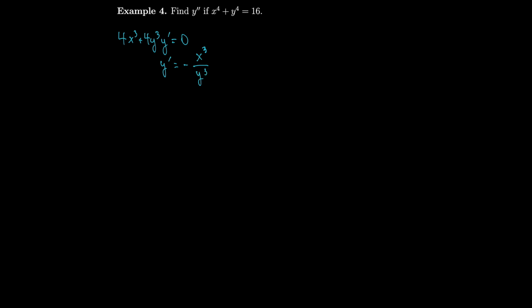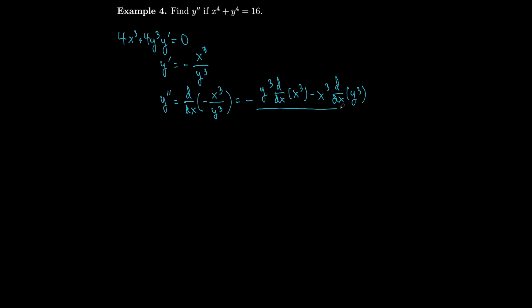So that gives us y prime, but we needed y double prime. So we need the derivative of this guy. So unfortunately, now we have to use the quotient rule. So this is the derivative of the derivative, which is equal to, by the quotient rule, minus y cubed times the derivative of x cubed minus x cubed times the derivative of y cubed, all over y cubed squared.